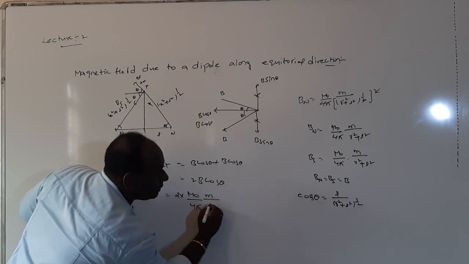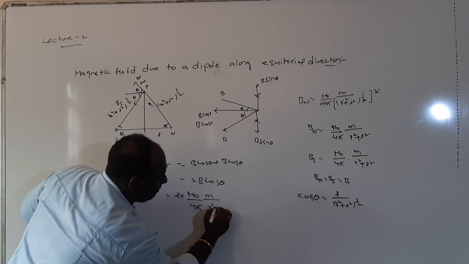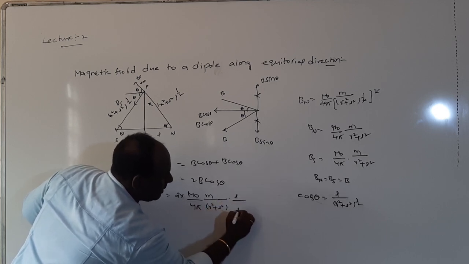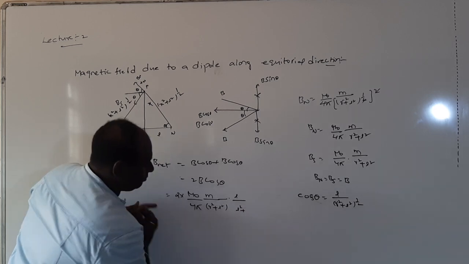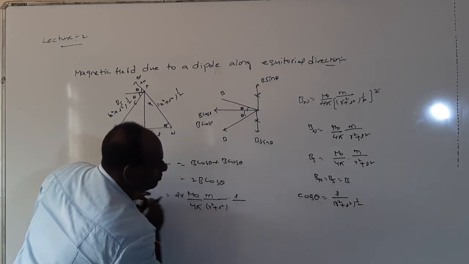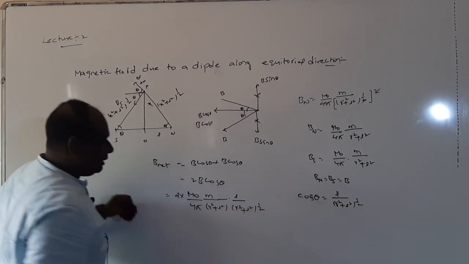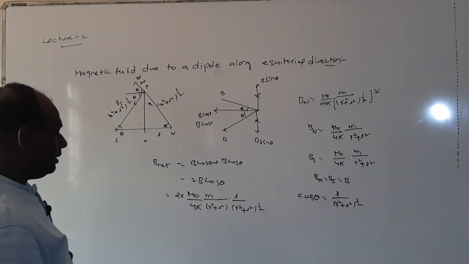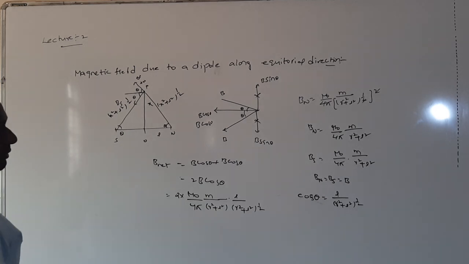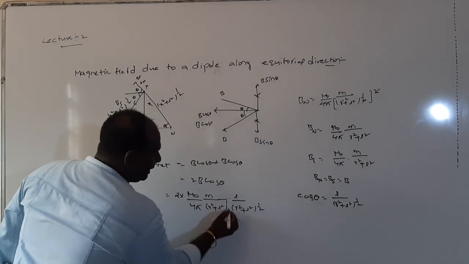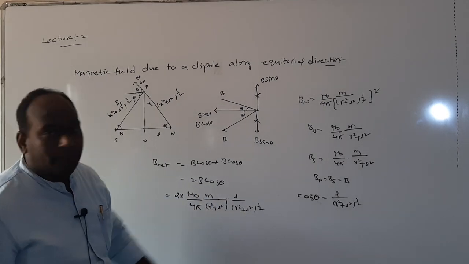Then cos theta is L by (r square plus L square) whole power 1 by 2. So the bases are equal, so we can add the powers: 1 plus 1 by 2 is 3 by 2.